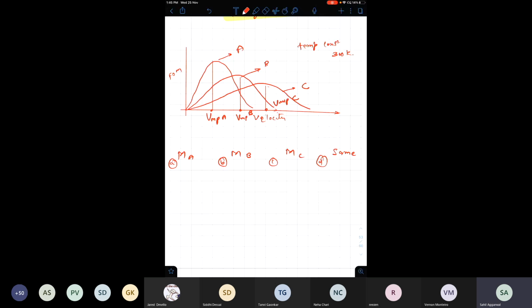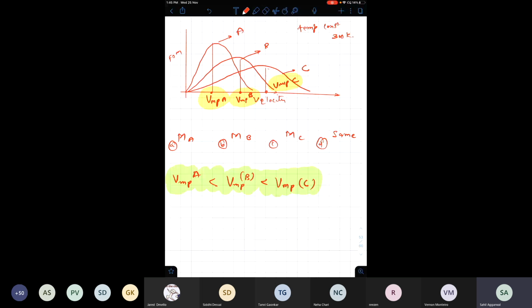Now we can see that VMP of C is greater than VMP of B is greater than VMP of A. This is visible to us. Now what do we know? That VMP is inversely proportional to the square root of mass.